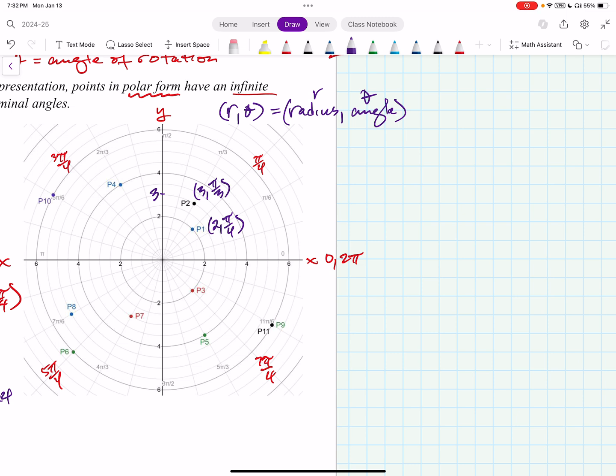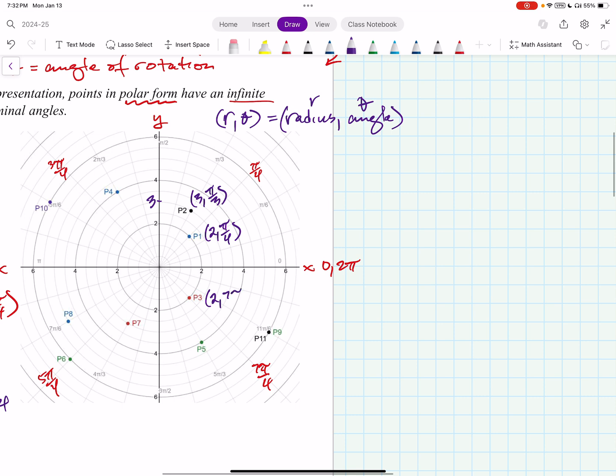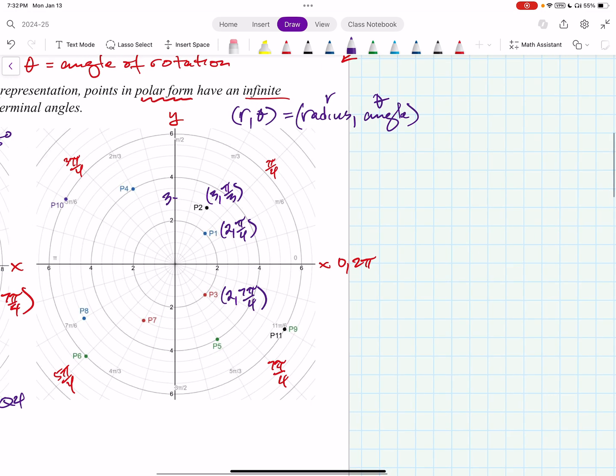All right, how about P3? Well, P3 is on the second circle, so it's 2 comma something. It's rotated 7 fourths pi, so 2 comma 7 pi fourths. Now there are different ways to represent these points, so if you want to talk about that, just wait till I'm in class and we can do that. You could represent that with coterminal angles and also a negative radius.